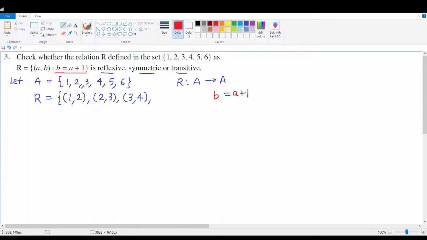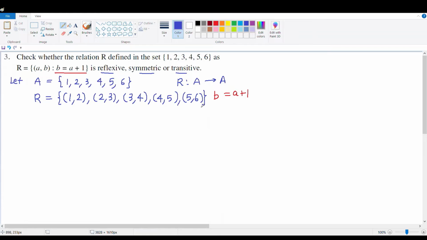If you take a equals 3, then 3 plus 1, your b is going to be 4. So (3, 4). Same way, if you take 4, then 4 plus 1, you'll have 5. If you take 5 as your a, then 5 plus 1, 6. And if you take 6 as your a, then 6 plus 1, 7. 7 is not in the set.